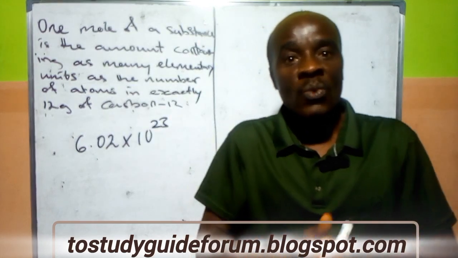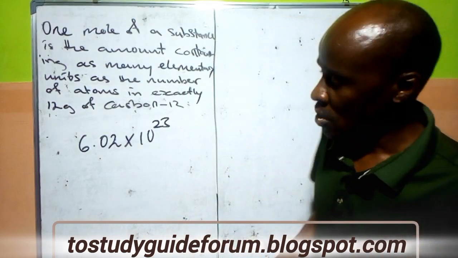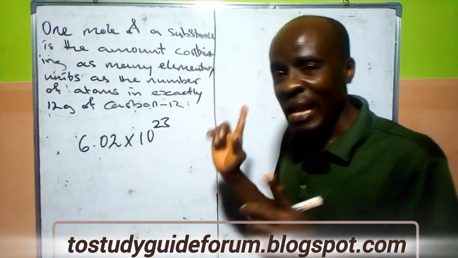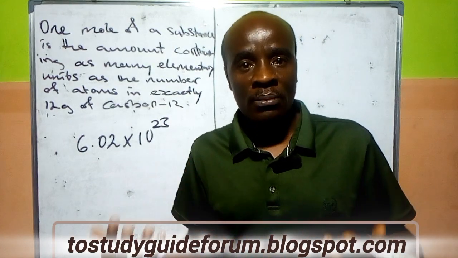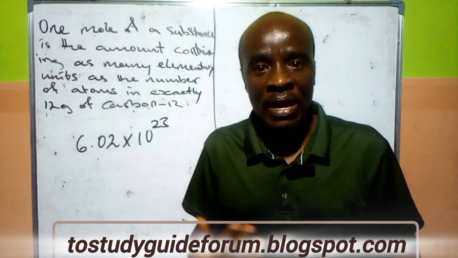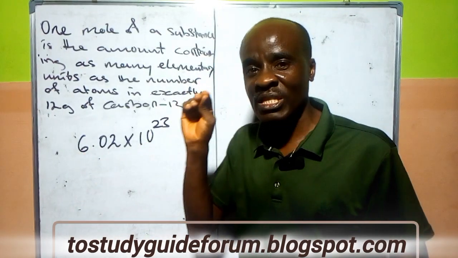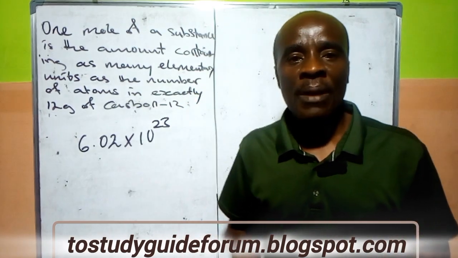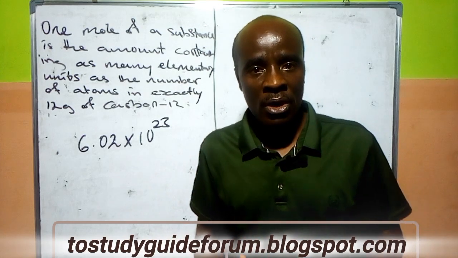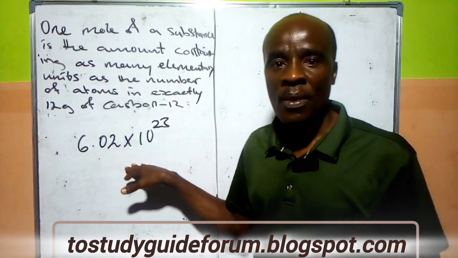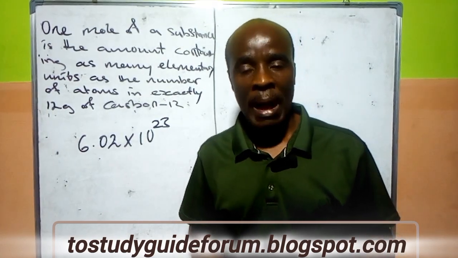In the same way, in one mole, according to Avogadro, for every 1 mole of atoms we have 6.02 times 10 raised to the power 23. If we're talking about molecules, each 1 mole of any molecule also contains the same number, which we call Avogadro's number.